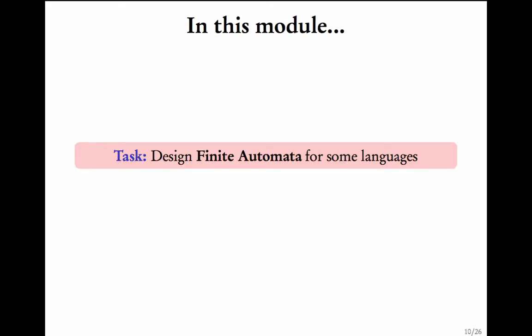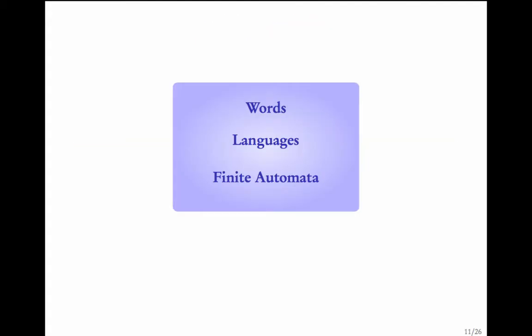The goal of this module is to design finite automata for certain languages. At this point, we have taken an alphabet. You know what words are, you know what languages are, and we have also seen an idea of finite automata.